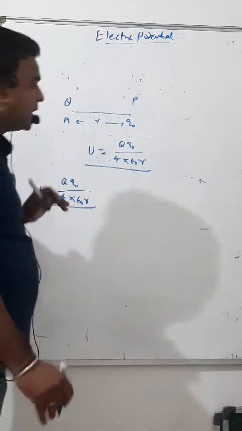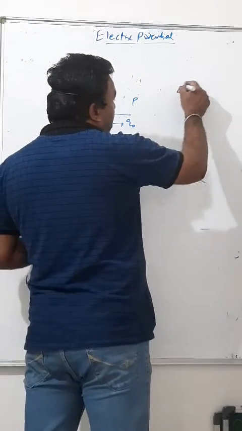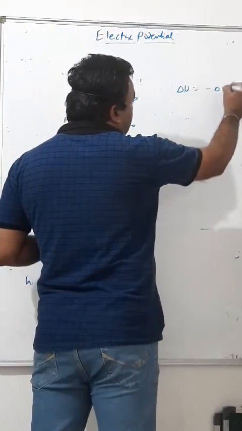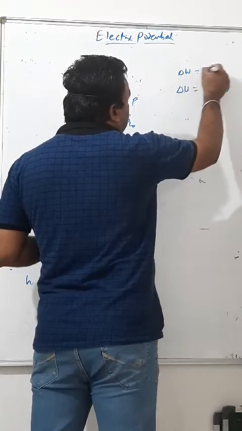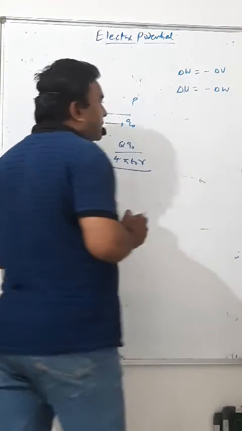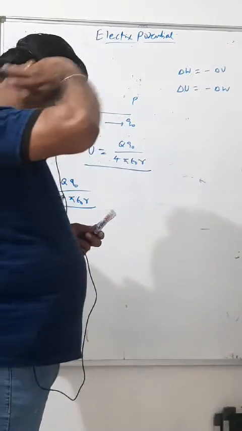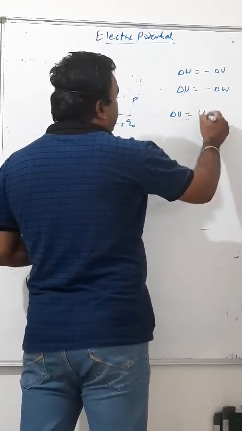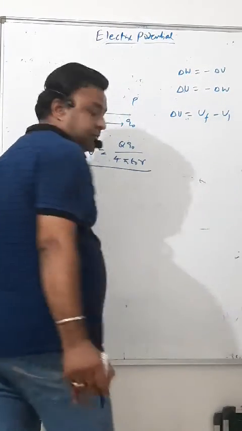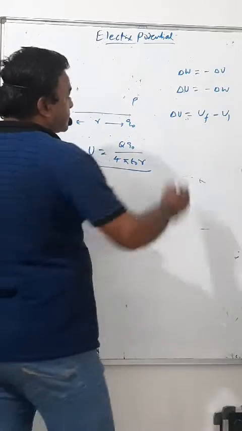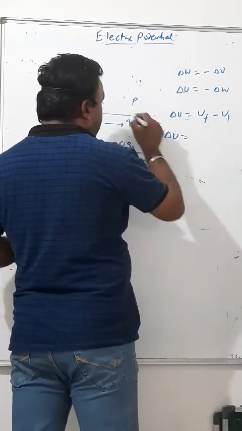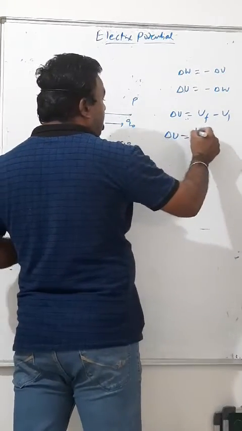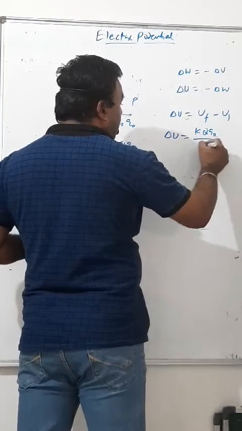r. Now, a student asked me, sir, we have delta U equals minus delta W, or delta W equals minus delta U. Here, delta U is what? U final minus U initial. U final is this, q q naught by r.